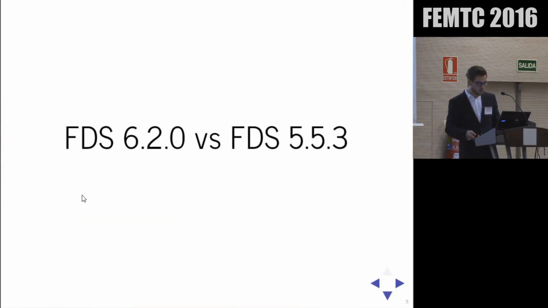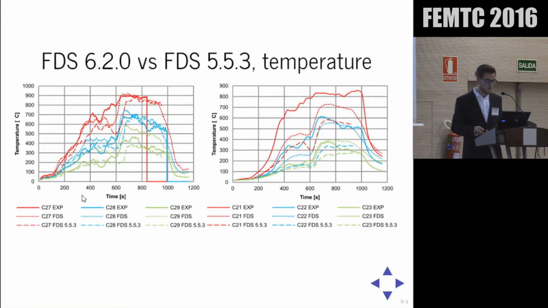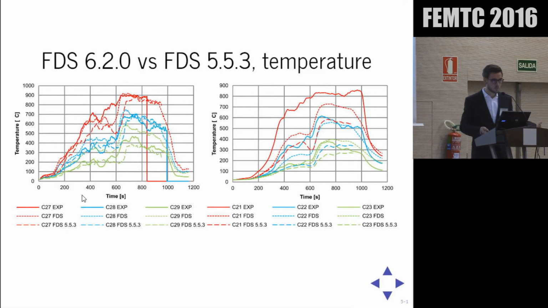Since numerical work has been conducted on this test before by SP, a comparison was made between their work in FDS version 553 and my work in FDS version 620. To the left, we're looking at the temperatures retrieved from the thermocouples again, and to the right, the plate thermometers. This time it's only the 3 positions closest to the fire.